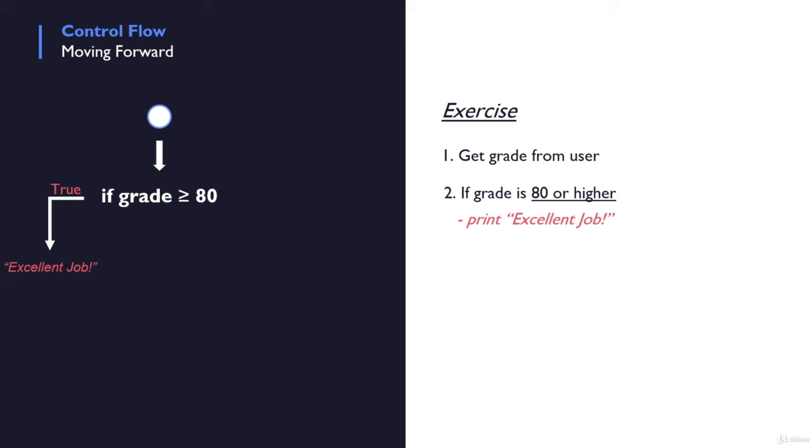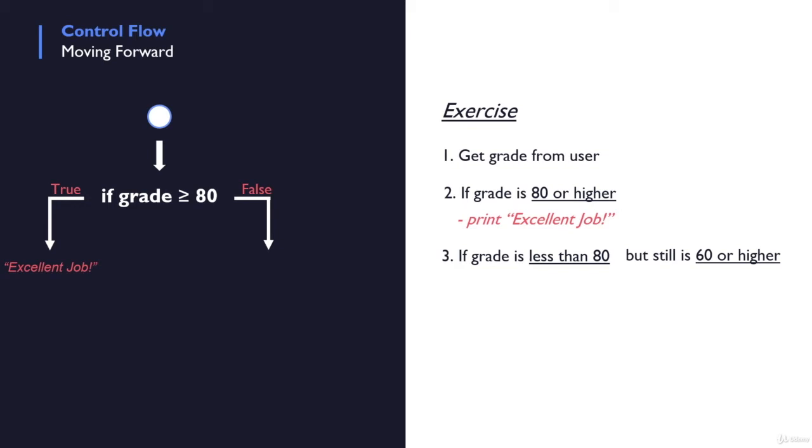Alright? But if the result is not true, which leaves us with the fact that the result is false, now at this point, as opposed to different examples we've seen so far, we would like to use another condition, a nested condition. So we use the following condition to ask if grade is 60 or higher. Maybe it's 60 or higher, right?